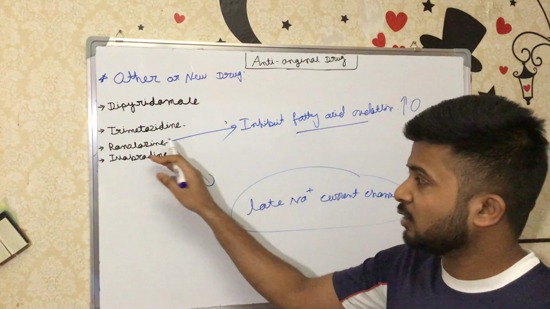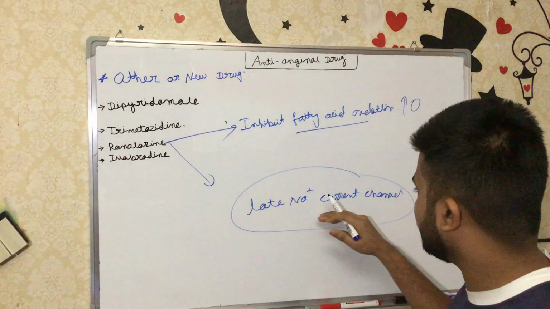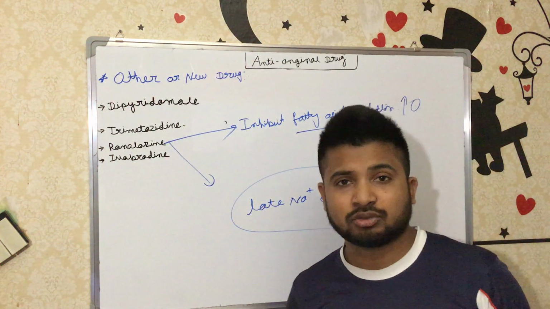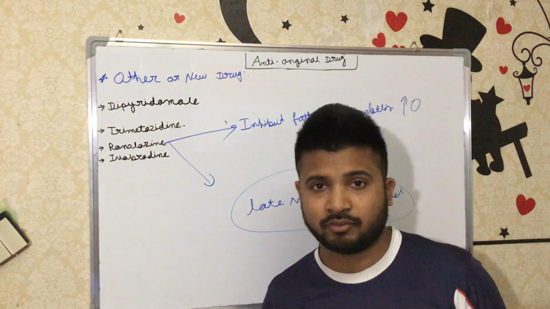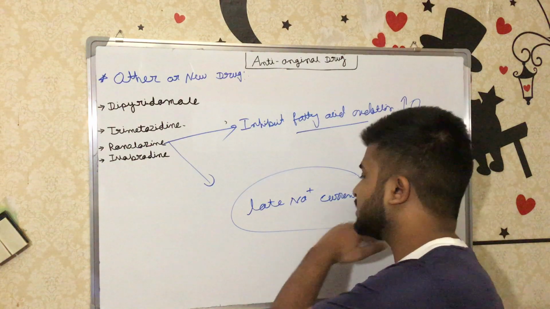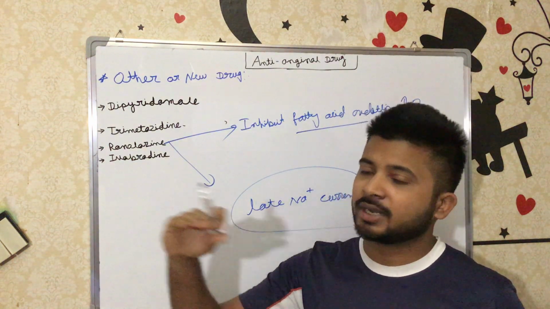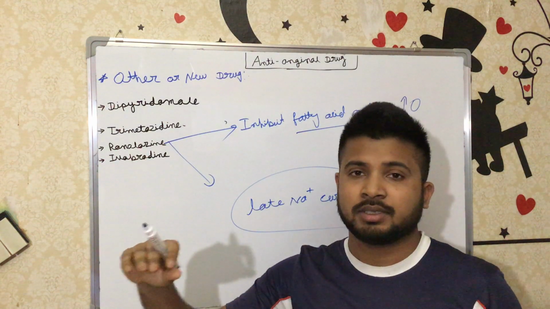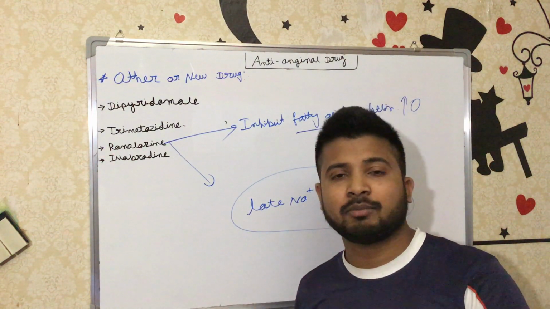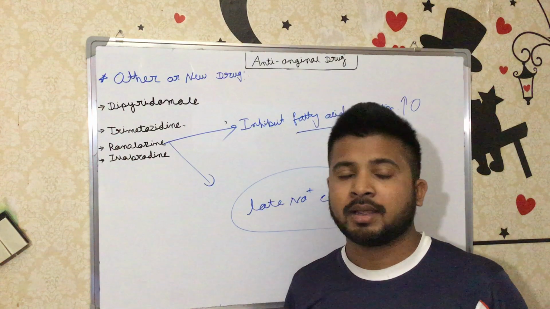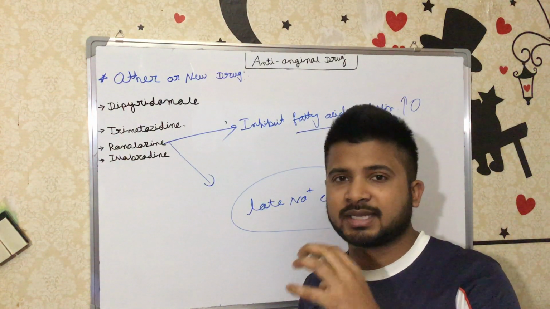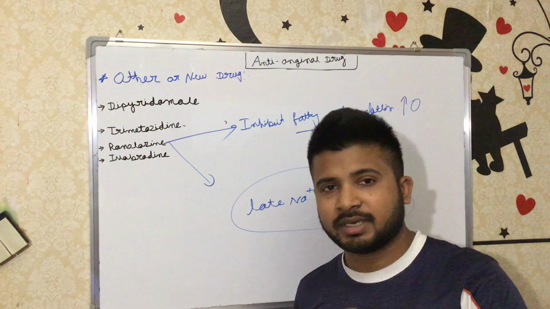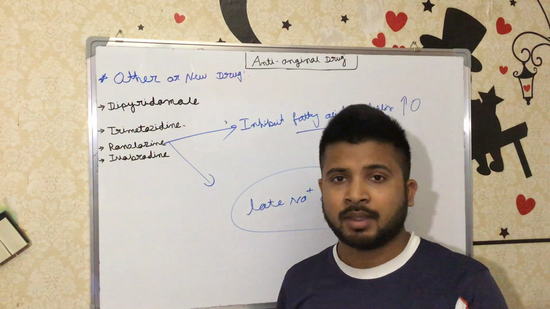So ranolazine inhibits the late sodium current channel, and it can lead to a decrease in the cardiac work, or reduce the heart work. Because if we decrease this, depolarization will not be prolonged. So obviously if the cell does not have prolonged depolarization, the calcium coming from extracellular to intracellular, and the working of the calcium, becomes slow.